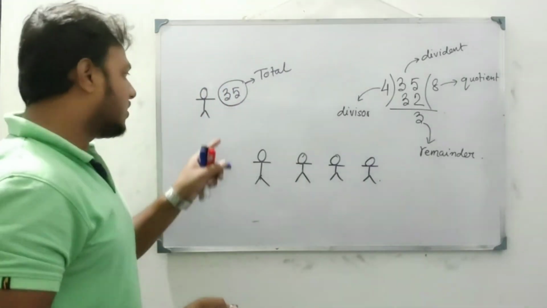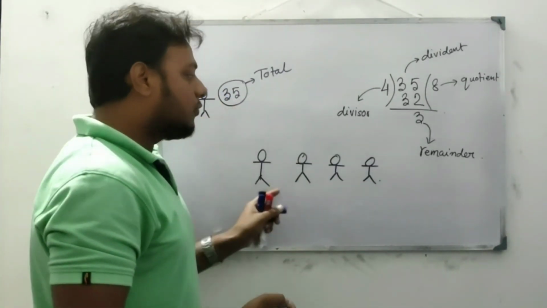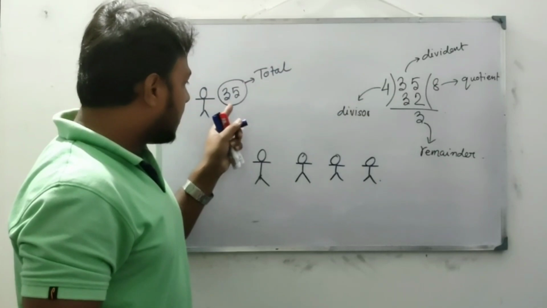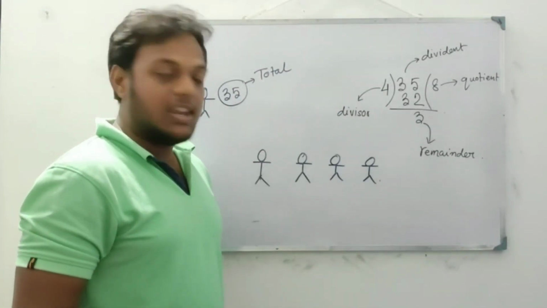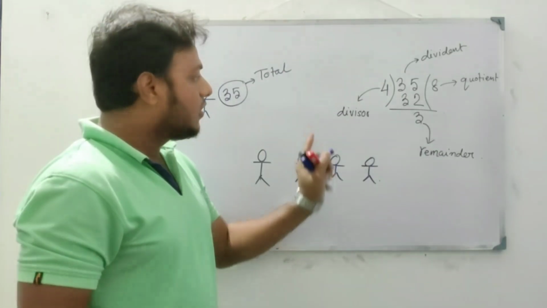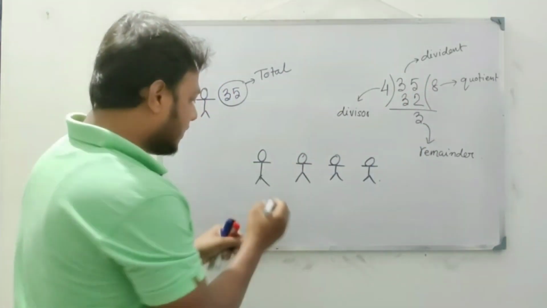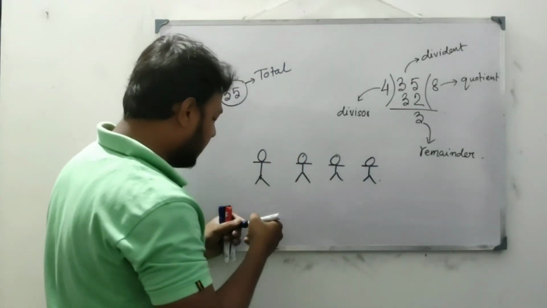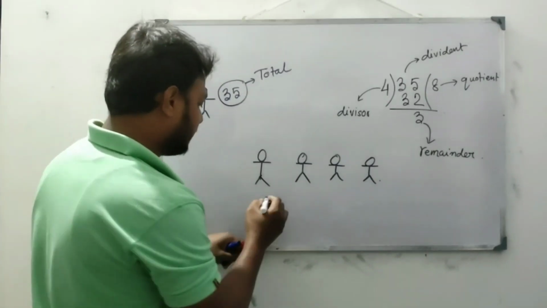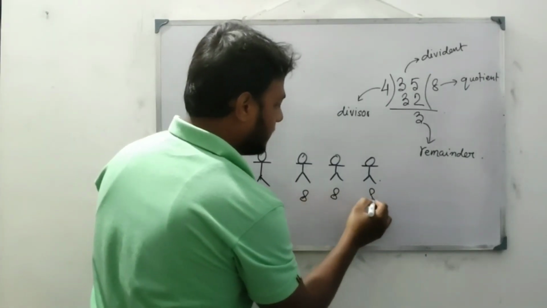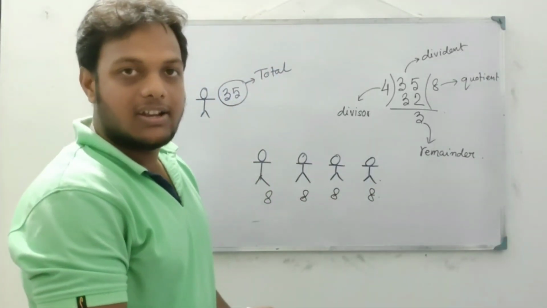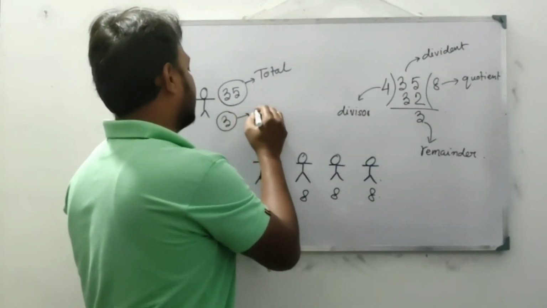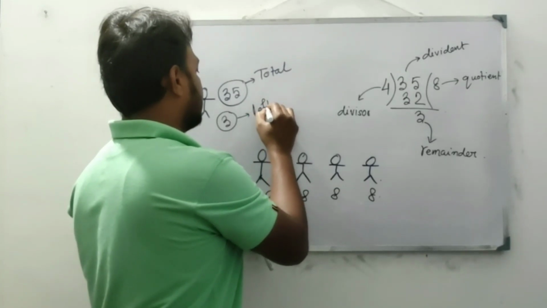If you distribute these chocolates, each of the students will get 8 chocolates. And the chocolates left in your pocket will be 3. So this is the story.